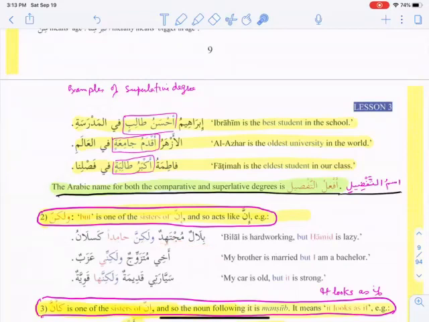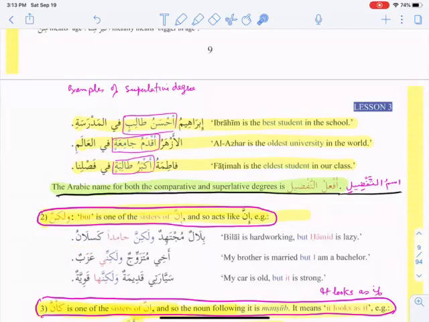Walakinna hamidan. But lakinna is min akhwatu inna. It will make this ism mansub. Lakinna hamidan kaslan. Bilal is hardworking, but Hamid is lazy.